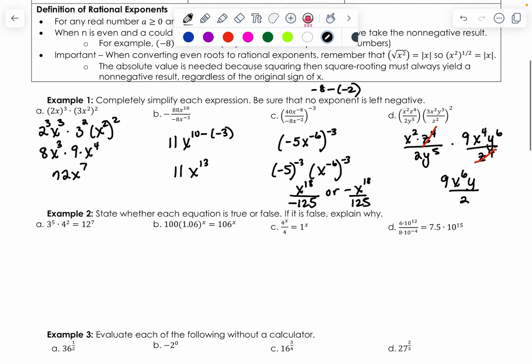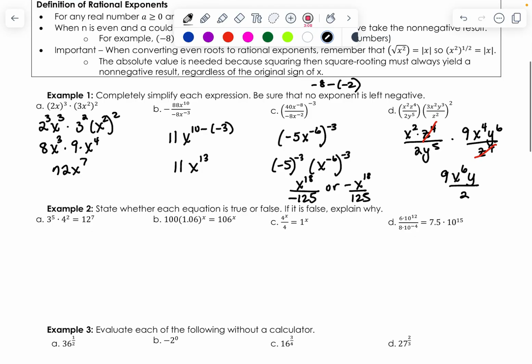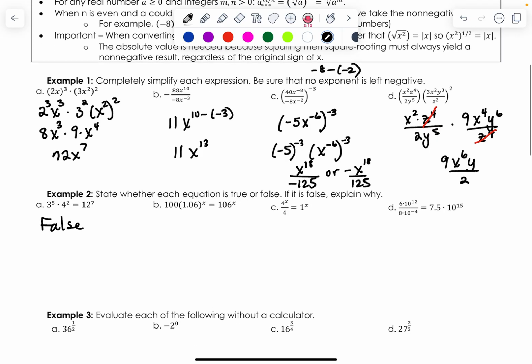All right, then in this one, we want to state whether the equation is true or false. This one is false. There is no property that says if I have different bases that I can do that. So then in this one, you have false.